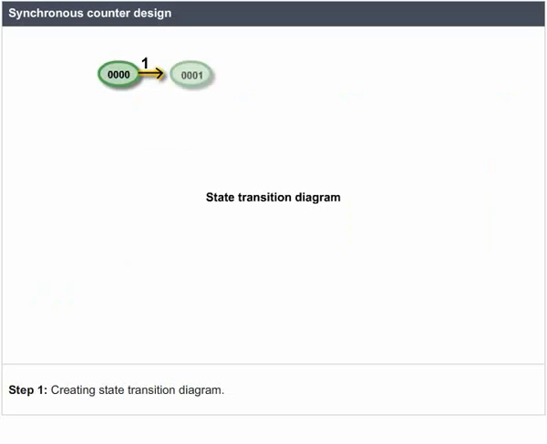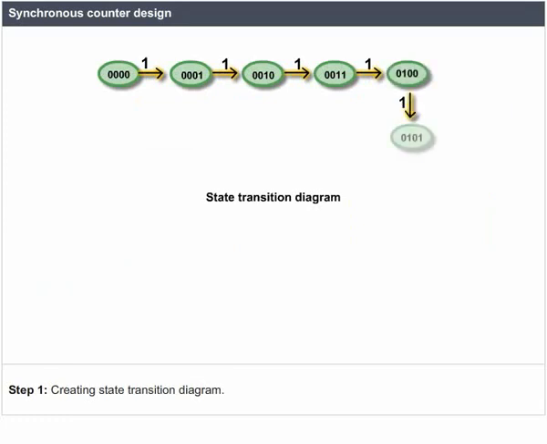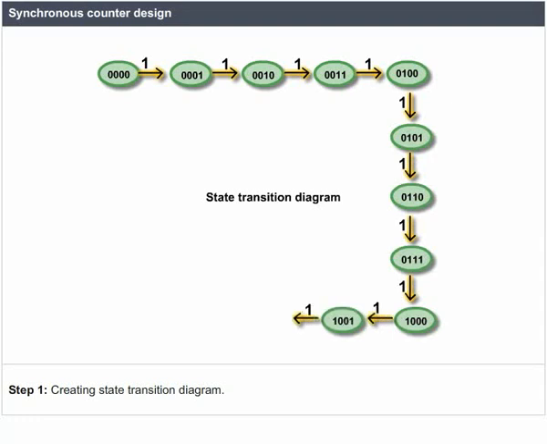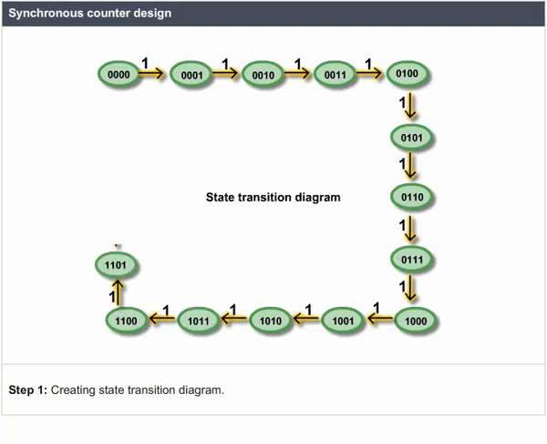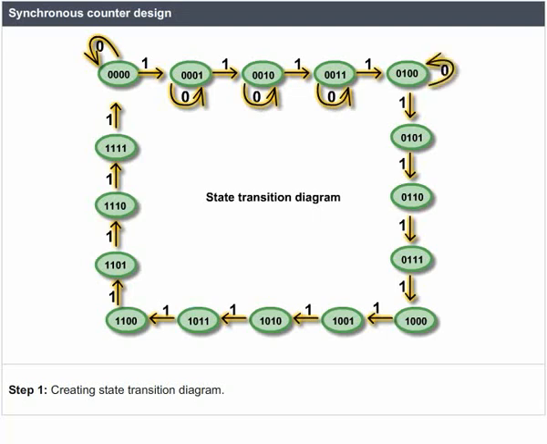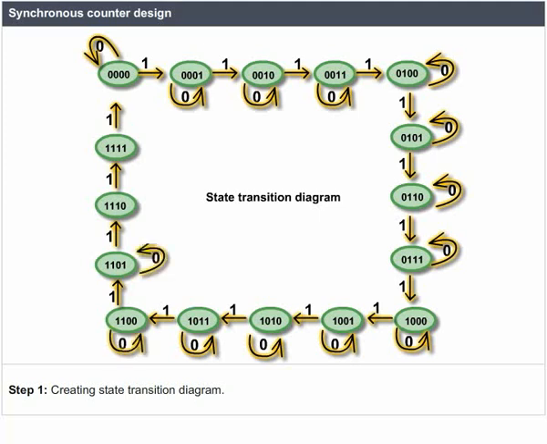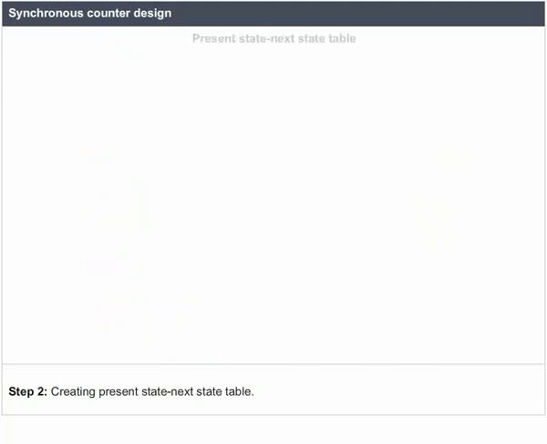Step 1. Creating state transition diagram. Step 2.